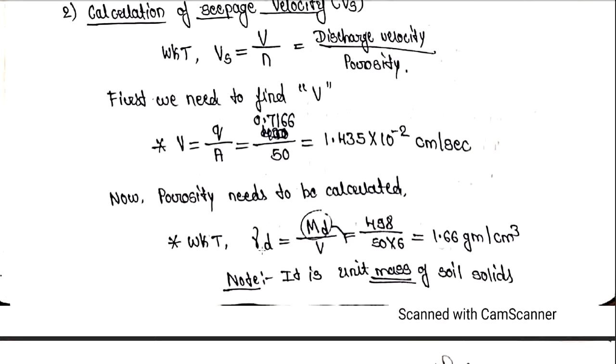For porosity they have given the dry weight after oven drying. So dry weight divided by volume is going to give us the dry unit weight, or else I can say weight of soil solids divided by total volume gives the dry unit weight. So dry unit weight I have calculated.